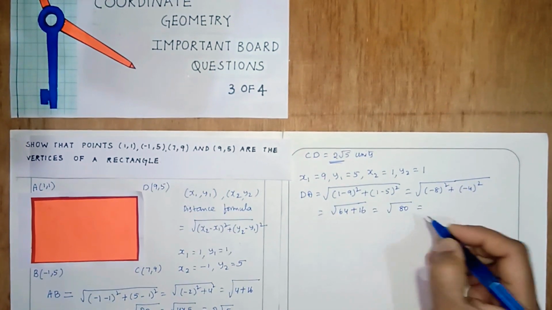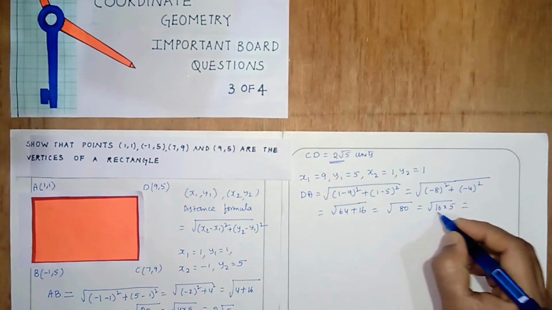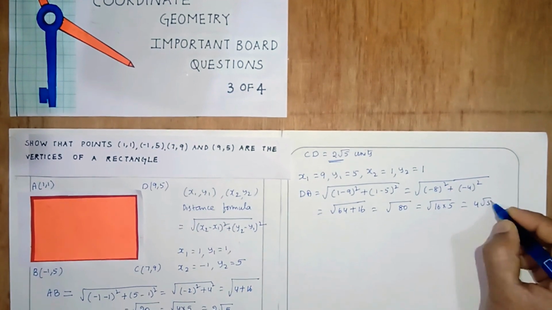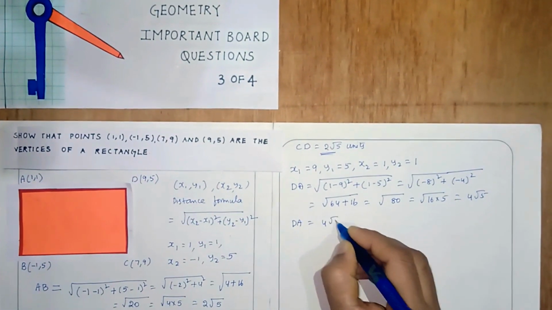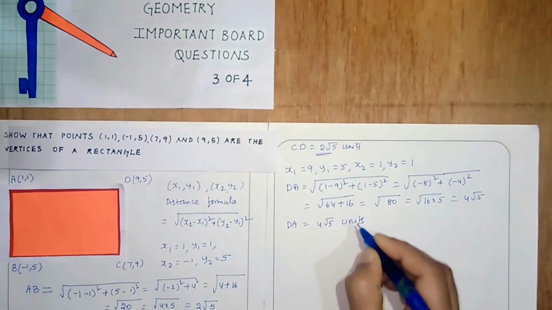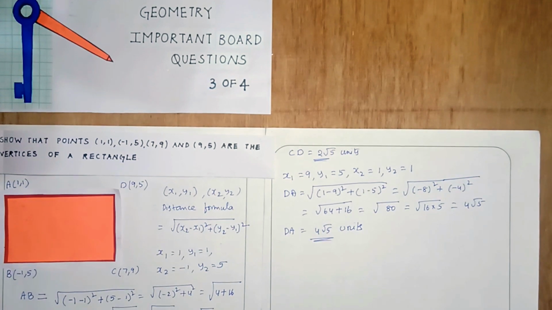Root 80. Again, 80 can be written as 16 into 5. Root 16 value is 4, so 4 root 5. Therefore, the length of DA is 4 root 5 units.